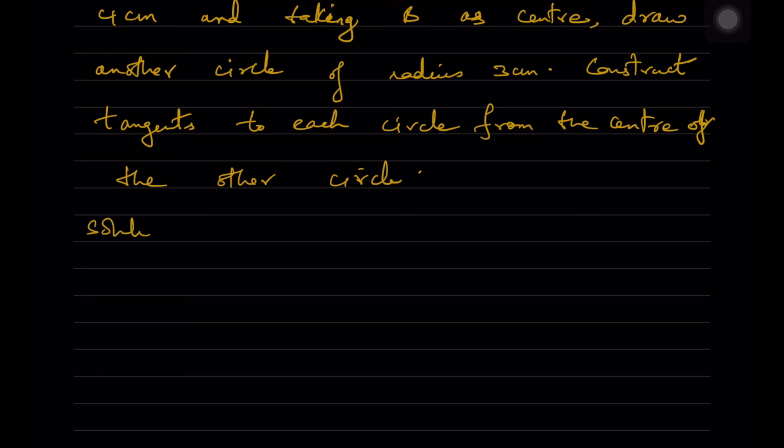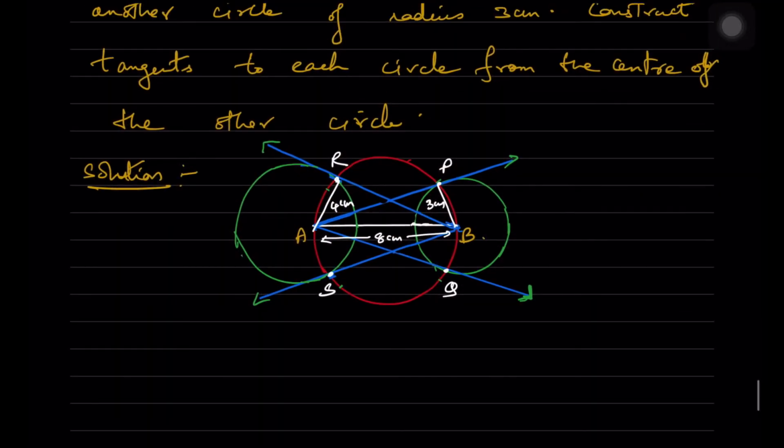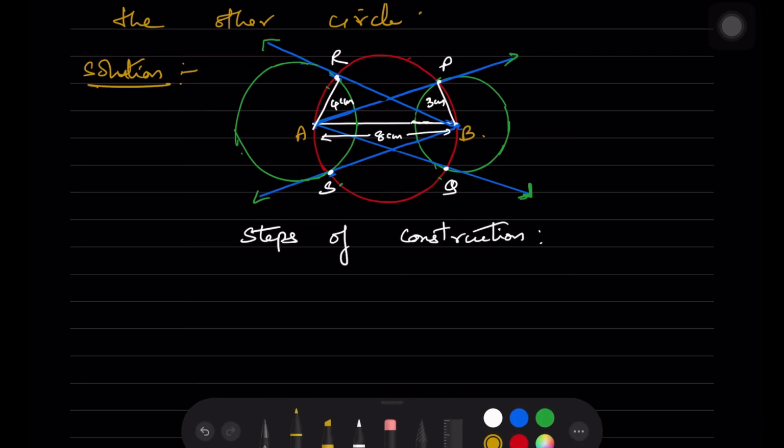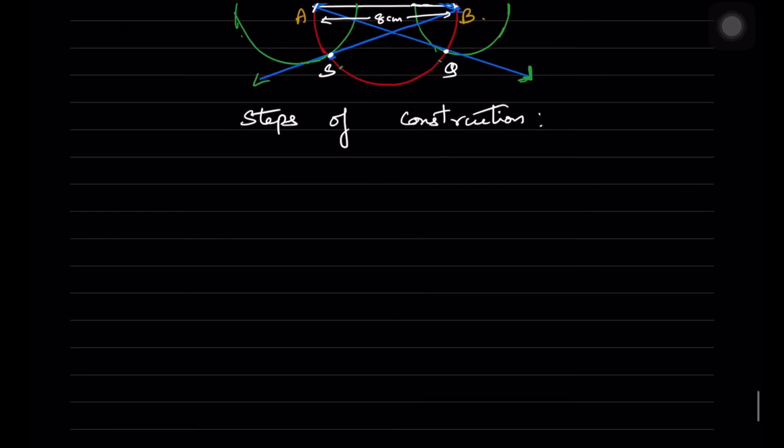Now the solution. We'll see the steps of construction for this. First step is to draw a line segment AB equal to 8 centimeters.